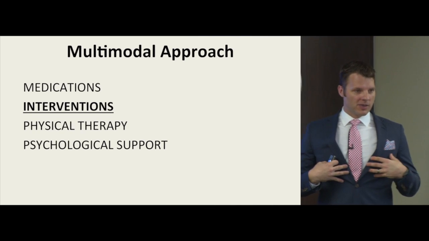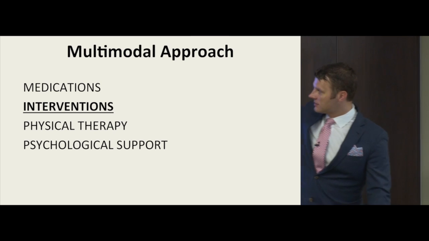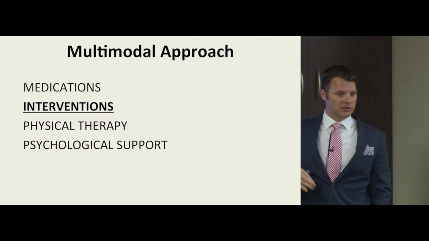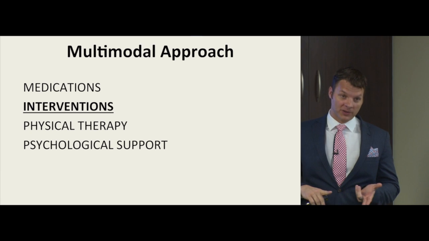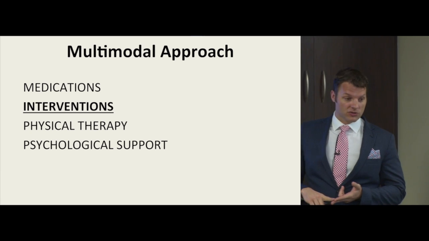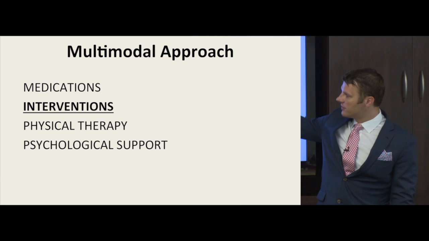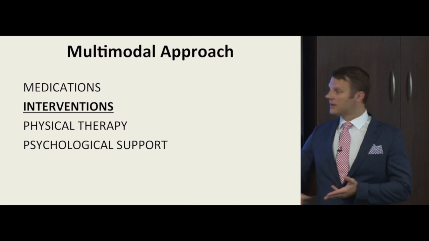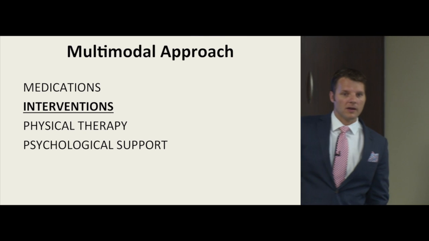So when you come to me in the pain clinic, we use a multimodal approach. It's medications, and I didn't say opioids on there, although opioids are a very powerful tool and, used appropriately and monitored, very effective for the treatment of chronic non-malignant pain and chronic malignant or cancer pain. Interventions, which is the focus of this talk, but also physical therapy, occupational therapy, art therapy, and complementary alternative therapy, which I bunched all in one category, and then psychological support.